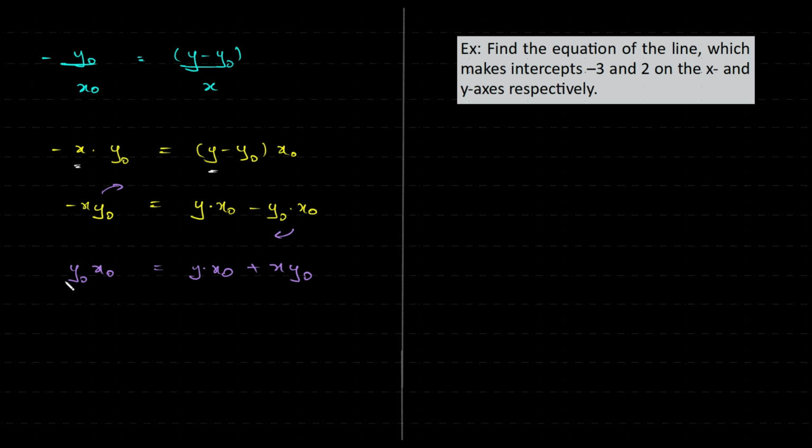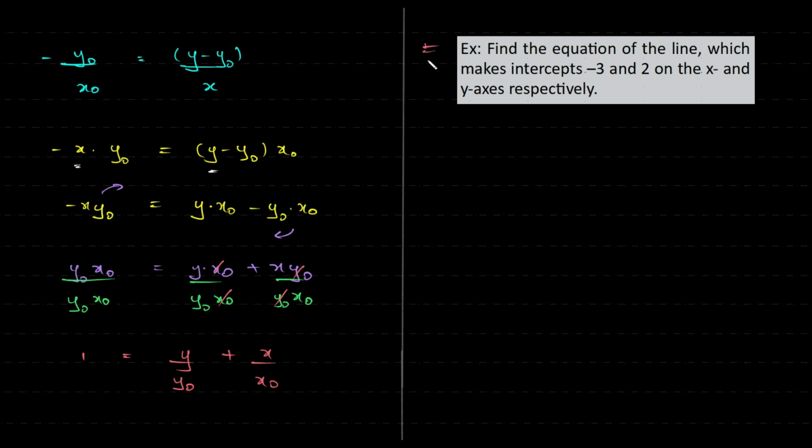So if I happen to divide all the terms with y naught x naught, what happens? So this is basically 1. This is basically y by y naught, and this is x by x naught. And that's your standard form of the equation.